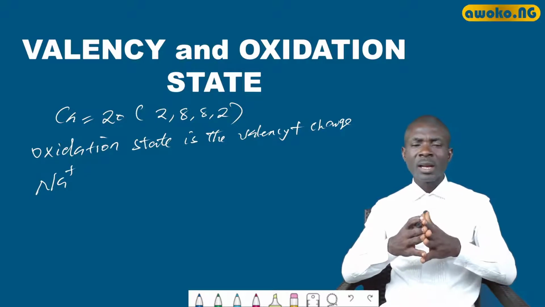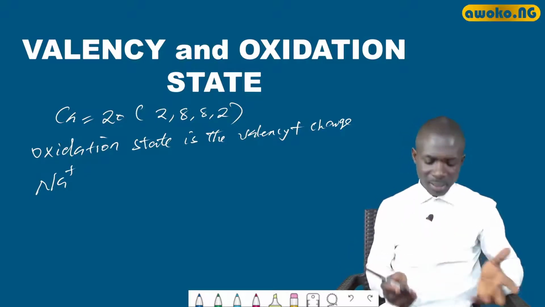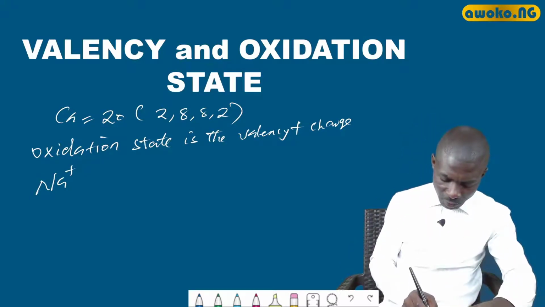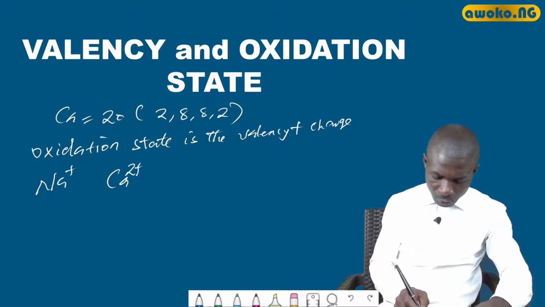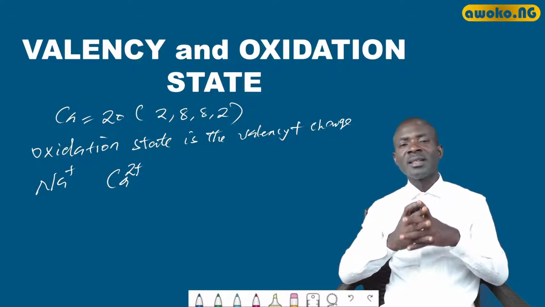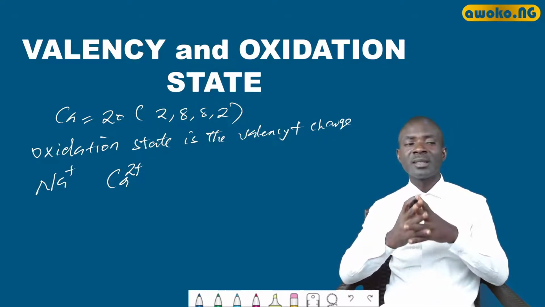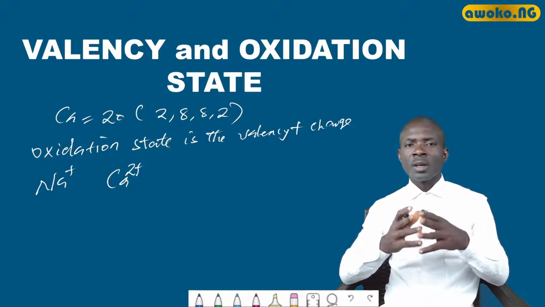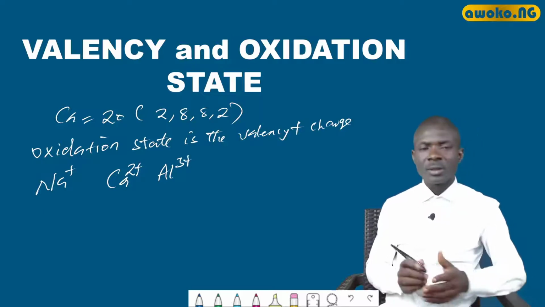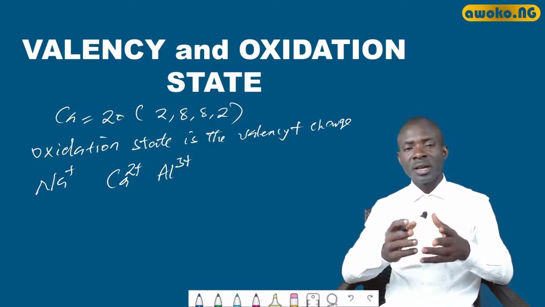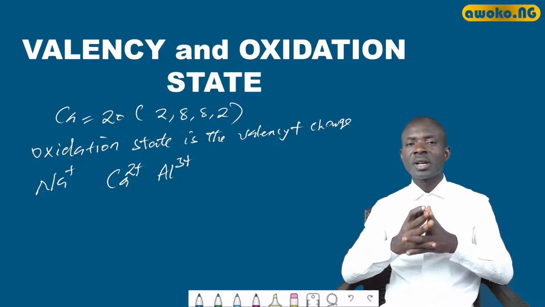Let's go to group 2 elements where we have an element like calcium, with symbol Ca. It has 2+ as its oxidation state, or +2. In group 3, we have an element like aluminium that can be represented as 3+, and the valency is 3, while the oxidation state is +3.